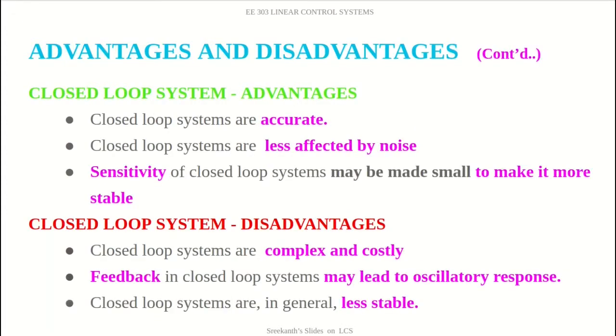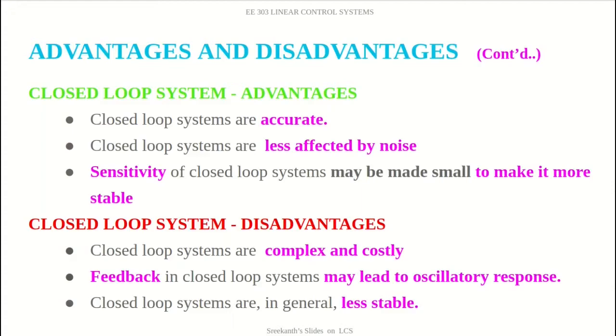A closed loop system has the following advantages. Closed loop systems are accurate, they are less affected by noise, and the sensitivity of the closed loop systems may be made small to make it more stable. Now why is the third point mentioned? Because in general, when compared with open loop systems, closed loop systems are less stable.